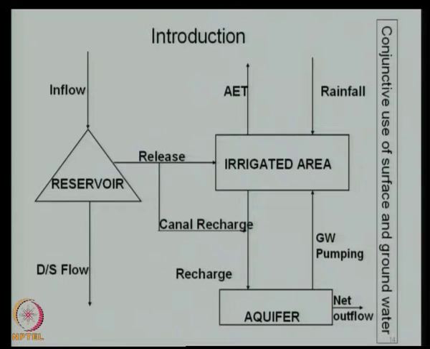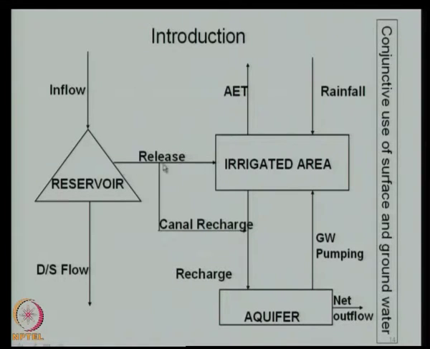Then we look at the conjunctive use of surface and groundwater. You typically have a reservoir from where you have a canal network, and then you have an irrigated area. From the irrigated area, the evapotranspiration takes place. There is rainfall that is feeding into the irrigated area. Part of it also comes as recharge.